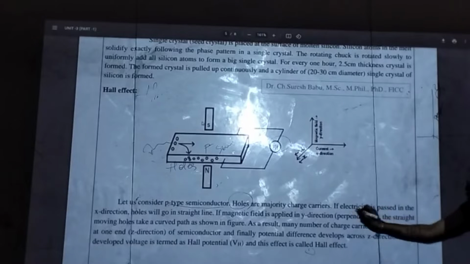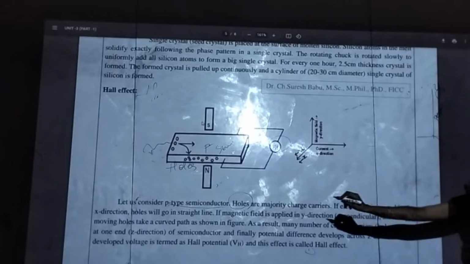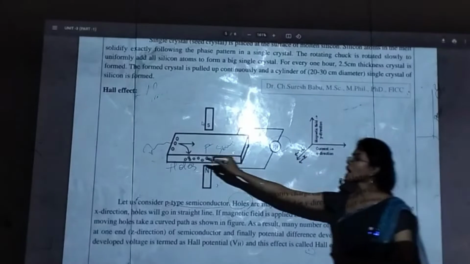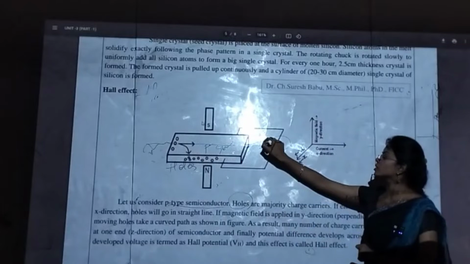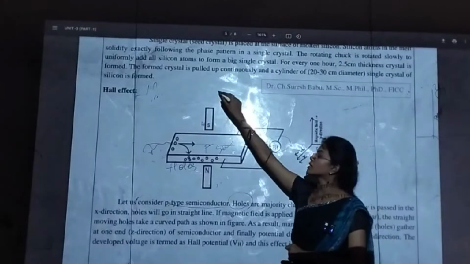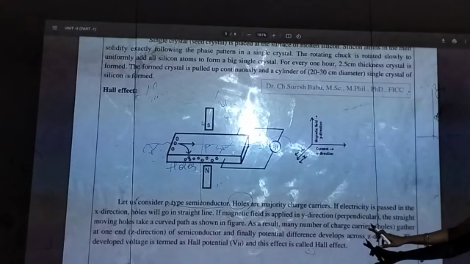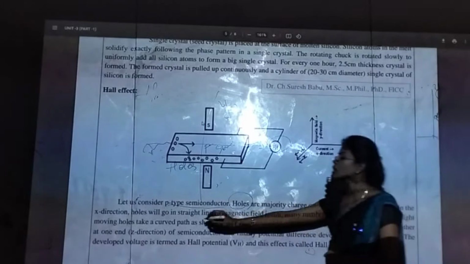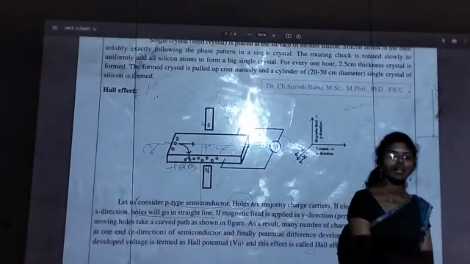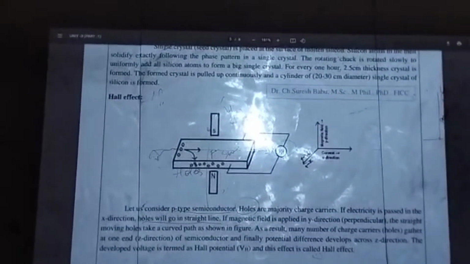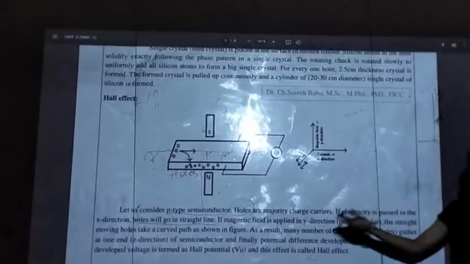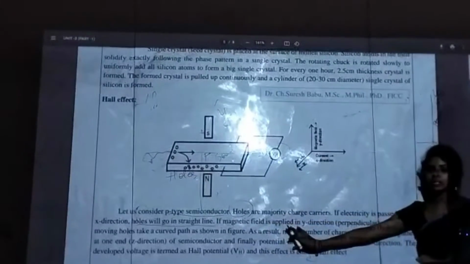Now, if electricity is passed in the x direction, this is the x direction and this is the y direction. When I pass current in the x direction, holes will go in a straight line. But in the next case, what if I apply a magnetic field?